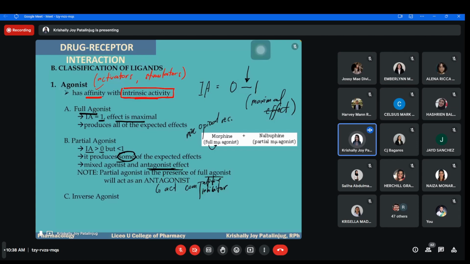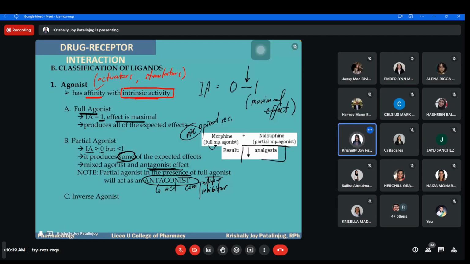Okay, but in the presence of a partial mu agonist, the partial agonist nalbuphine, for instance, will compete with morphine in the mu receptor. So makikipagkompetensya si nalbuphine, it will act as a competitive inhibitor, causing an antagonistic effect.